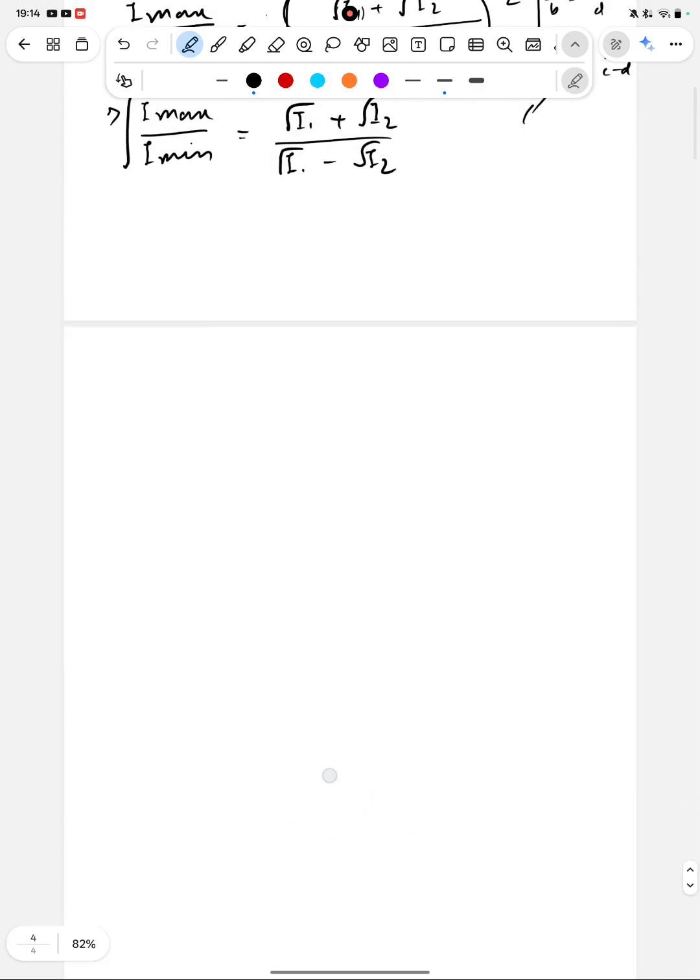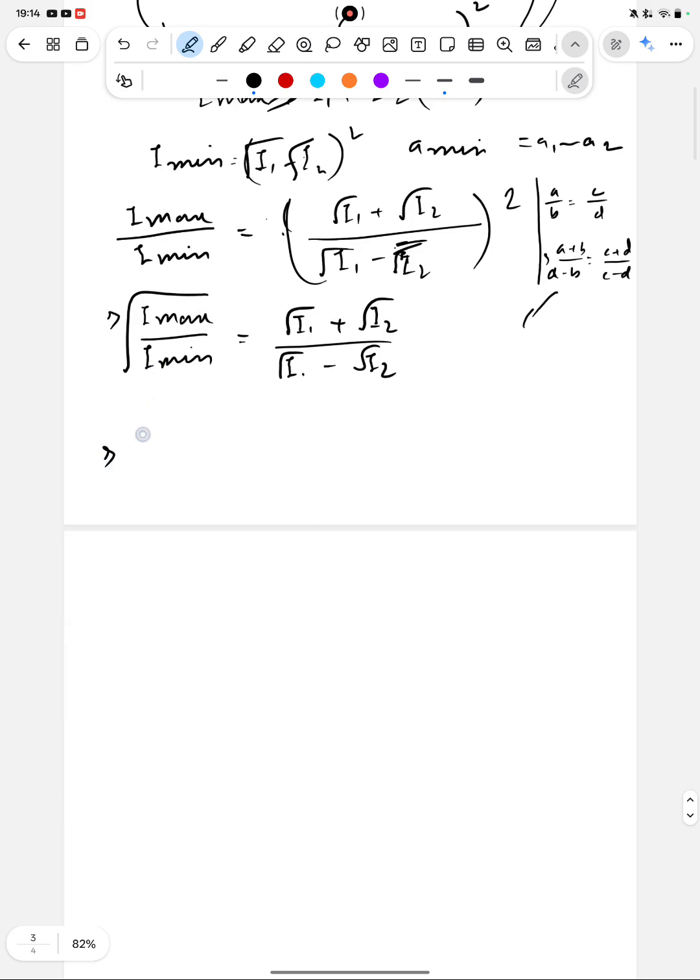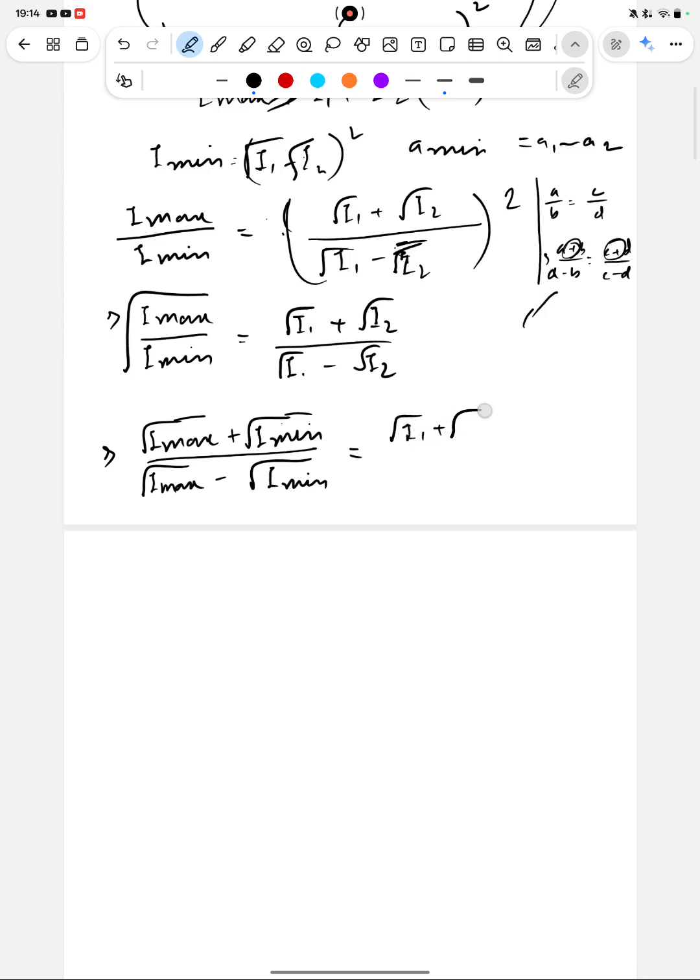Need a new page. This can be written as I max minus I min by I max plus I min, we're taking plus here, right? It can be written as root I1 plus root I2 whole square minus root I1 minus root I2 whole square over the same with plus.